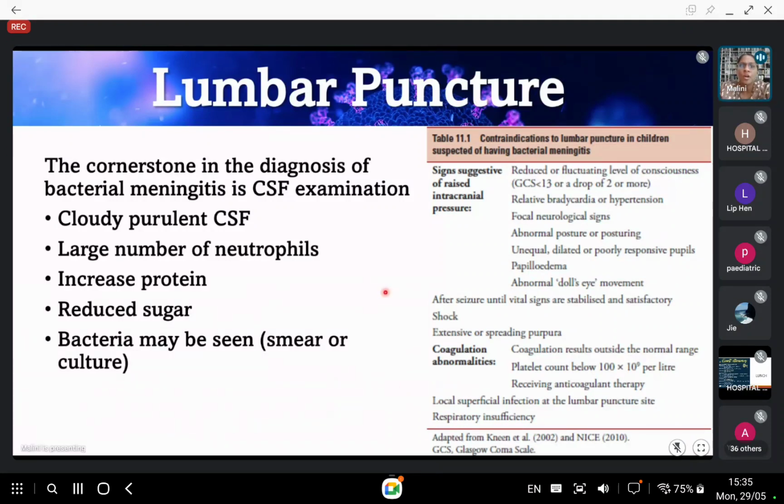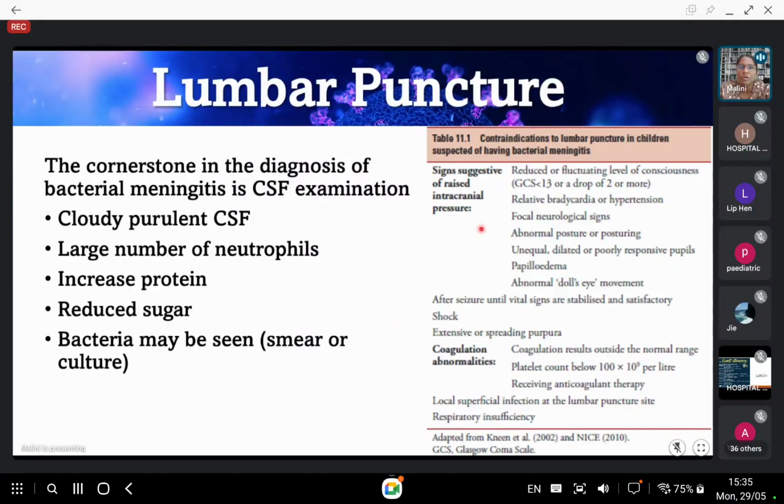So when is LP contraindicated? Even though we do push for LP, we need to be very clear when we should not do it.